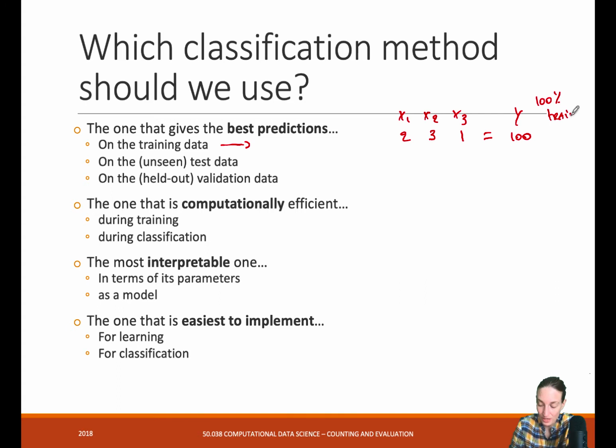This is important, training set. But it probably wouldn't work on new data. So you'll be overfitting. So you don't want the best prediction on the training set. You might want the best prediction on the test set, data that the model hasn't seen yet. Or sometimes there's even a third set, which we refer to as the validation set. The validation set is part of your training set, but you use it while you're training your model.